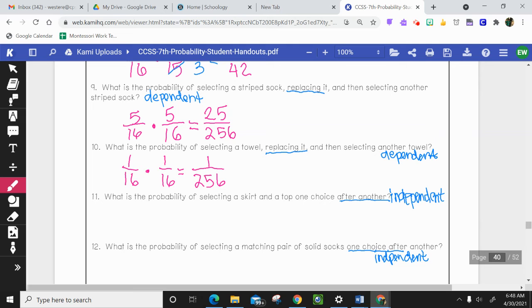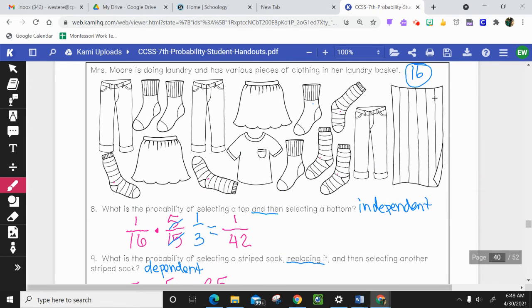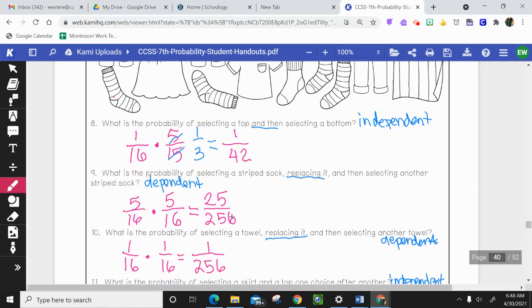All right, number 11. What is the probability of selecting a skirt and a top one choice after another? This one is independent. So let's go ahead and see what the probability of a skirt is, because skirt is our first choice. So it's our first event. So there's 2 out of 16.